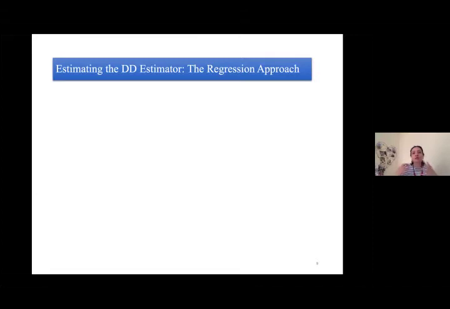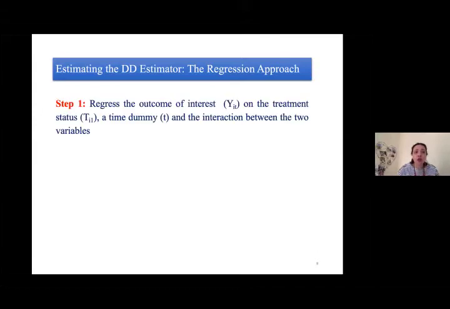Okay, so how to do this? This is the intuition, or the logic, behind how to do this. What is the regression approach we can apply? The first step, we will regress our outcome of interest, the variable Y. As we said, it can be income, decision power of women, children education status, children nutrition status, whatever.